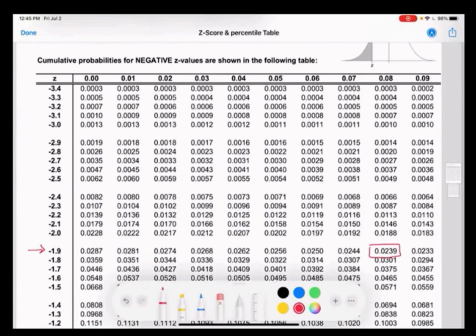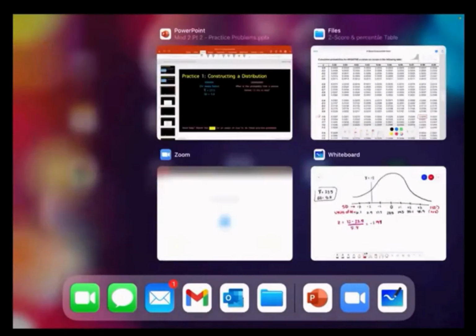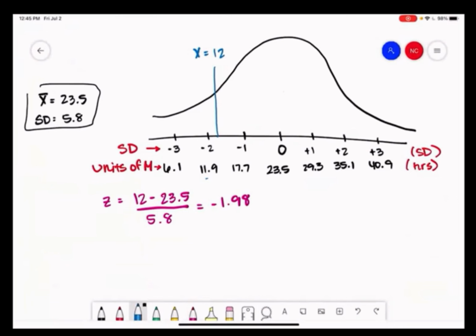And we can see that we've got a percentile, or probability, of 0.0239, which we could also say, right, this shaded region is equal to 2.39%. Okay, or we can notate it as a probability as 0.0239, whichever one works. Both of them are correct.